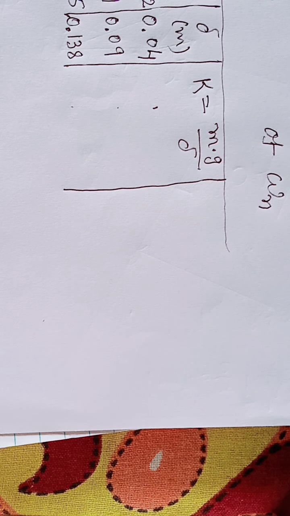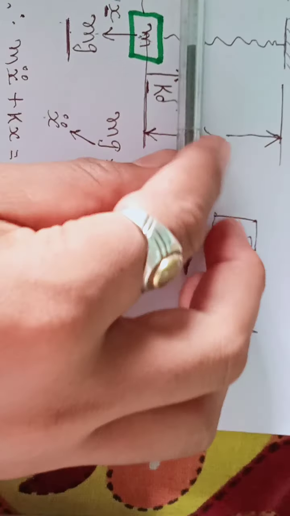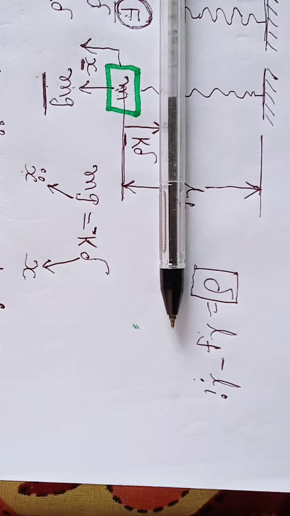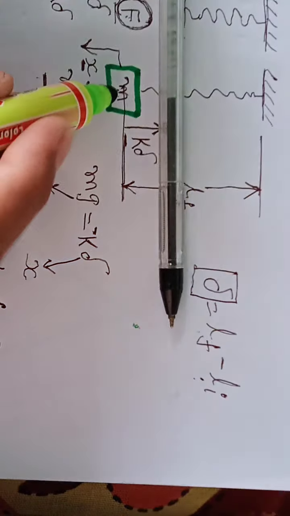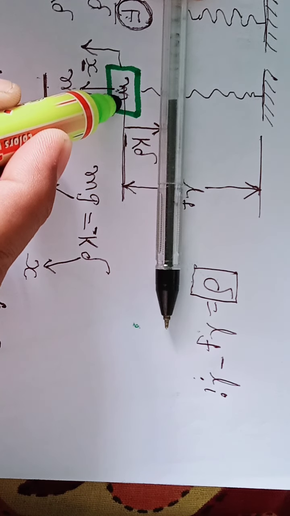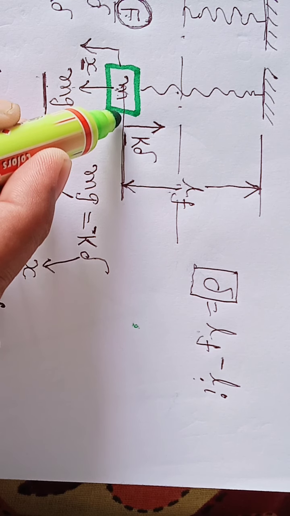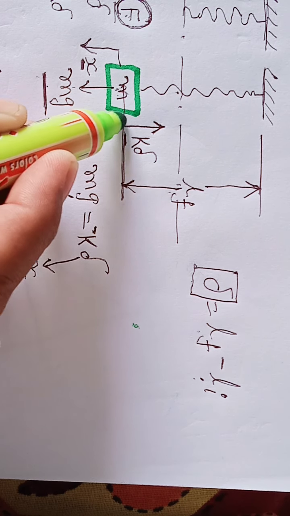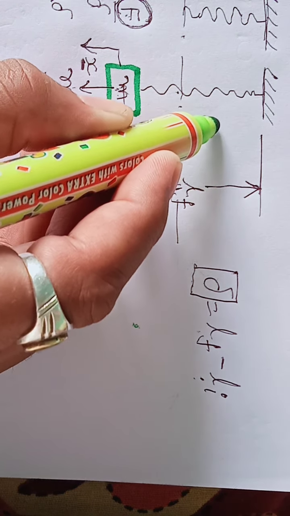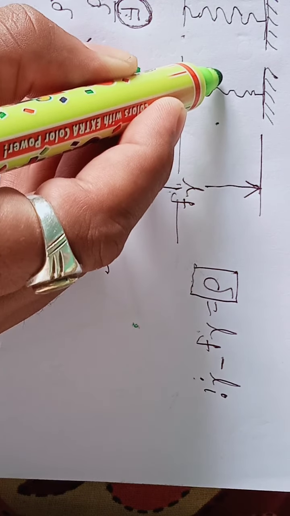Now what we will do is, for a specific number of oscillations. So what is oscillation? From this equilibrium position, the mass is initially displaced by this amount, then due to stiffness it reaches this location.